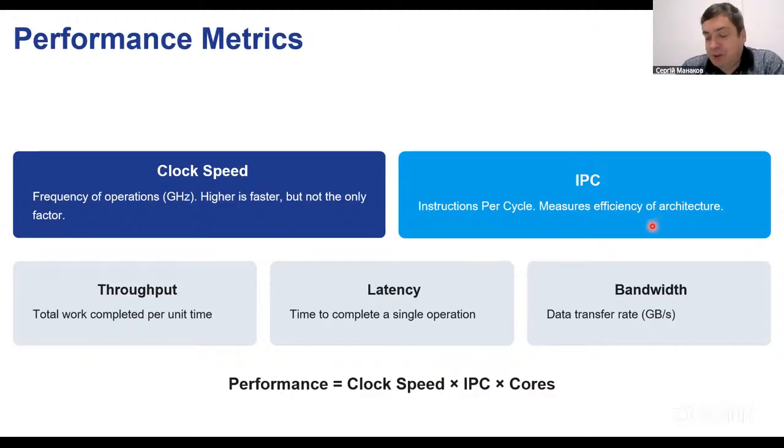By the way, about 20 years ago, it was measured in millions of operations per second. Now it is instructions per cycle, per one single cycle. And so overall performance can be imagined as clock speed multiplied by instructions per cycle and multiplied by the number of cores.